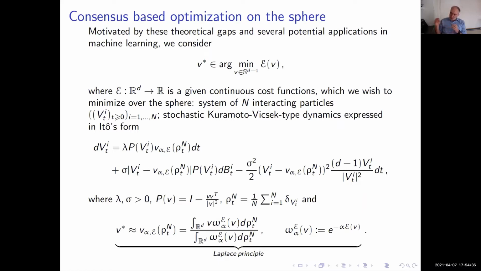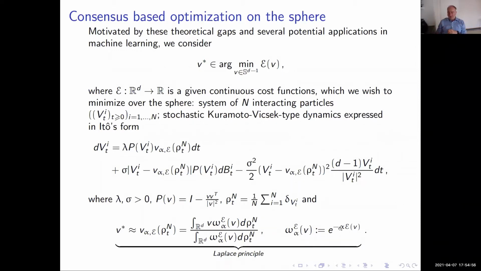In other words, those particles that have a lower level of the objective function are more important, and those that have a very, very high level of this energy become extremely thin particles, not very important particles.